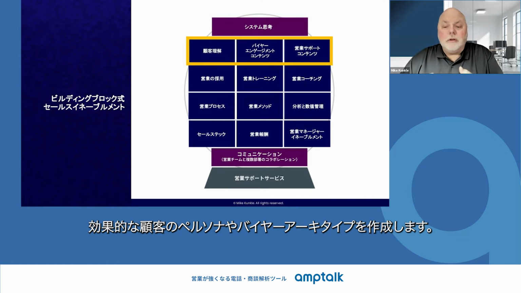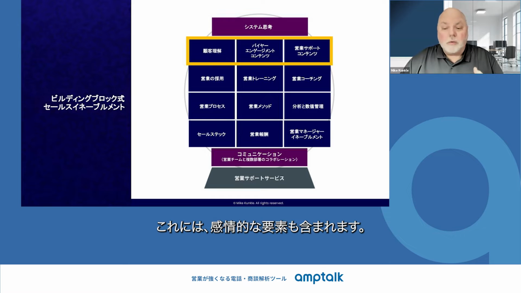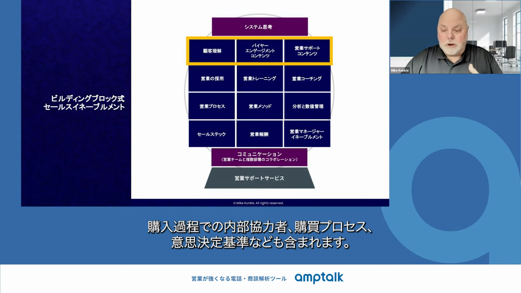So this means building great buyer personas or buyer archetypes with the metrics that matter most or how they're measured for success. It also includes emotional factors, the people they work with internally when they're buying, their buying process or buyer's journey, their decision criteria, and more.